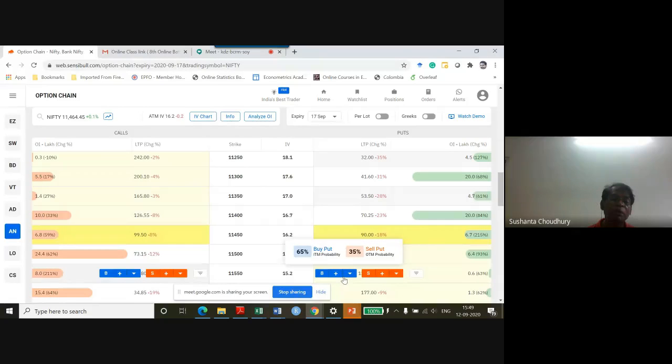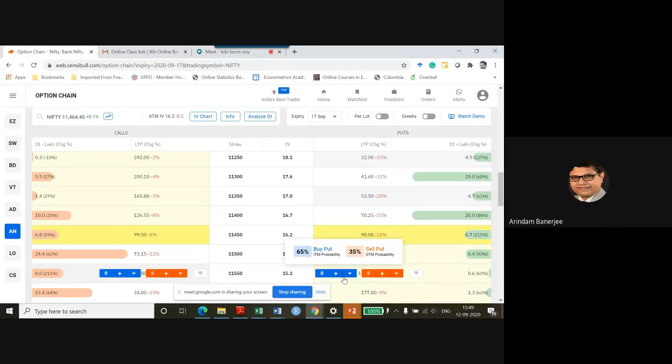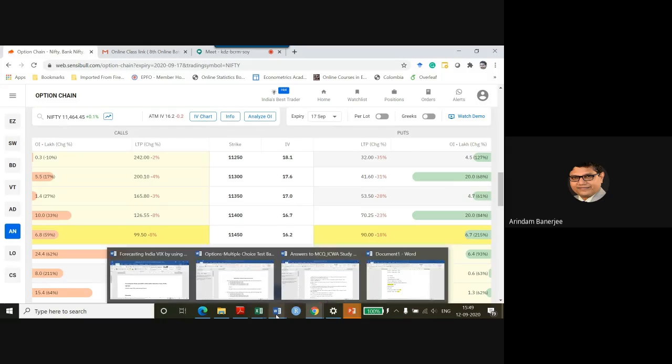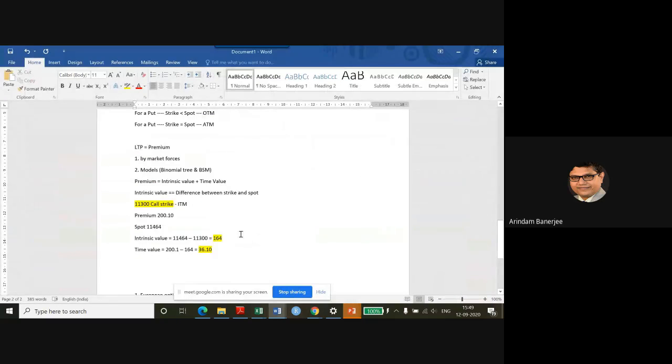We need not bother about the calculation of how it is arriving at this figure, not now at least. Okay. Understood. It is an interaction of the buyer and seller, and yesterday's close is 200.1. So now this difference between 200.1 and 164 is actually the time value.